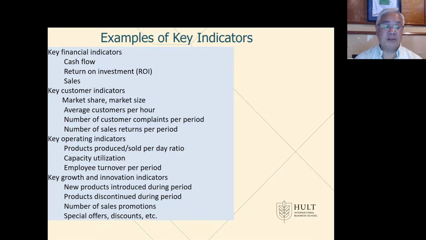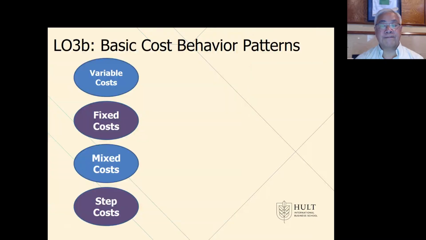So growth and innovation, these are a little tougher, but it might be how many products did we introduce this year that are contributing to our revenues? How many did we discontinue? Kind of trimming or pruning our product line so that we can keep things fresh. Number of sales promotions. Are we actively pushing people for trying our products and hopefully finding that it suits their needs and preferences? And are we active in discounts, promotion, and other marketing and sales support?